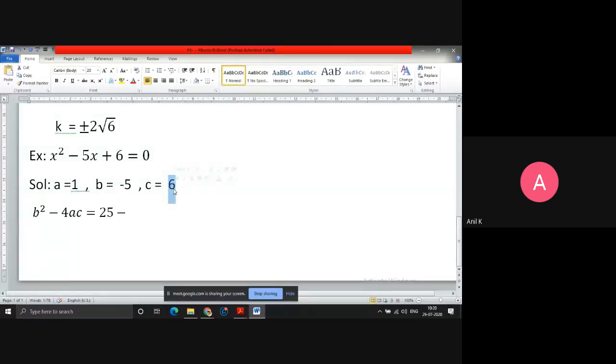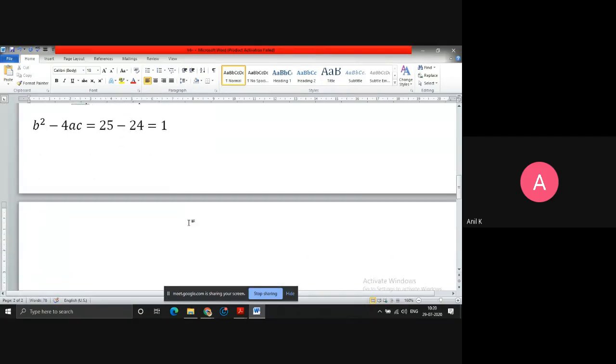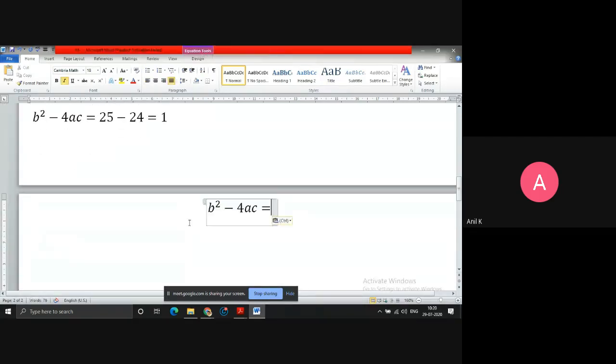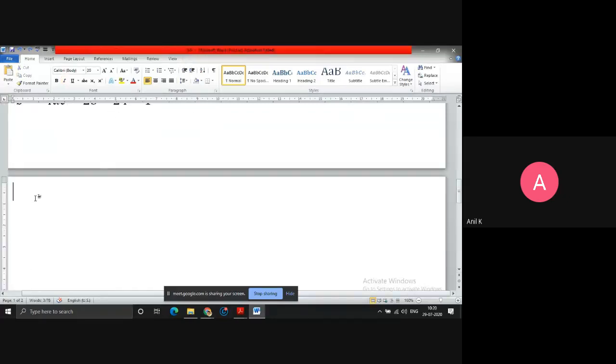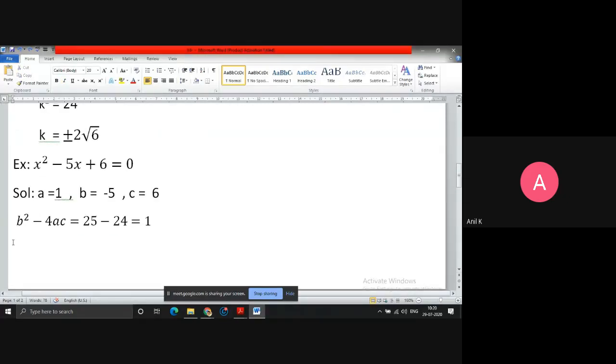What do you get? 4 into 1 into 6, which is 24. 4 1s are 4, 4 6s are 24. So 25 minus 24 is equals to 1. So you got b square minus 4ac value as 1. Now substitute in the formula and we will simplify. Let me re-copy. So my formula is going to be this one. If I substitute in the formula, let me substitute here only.